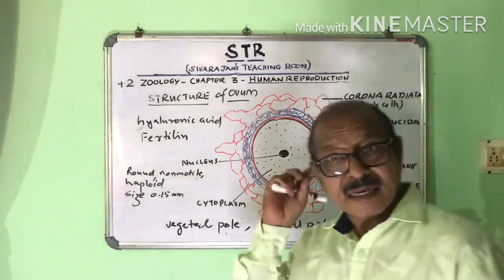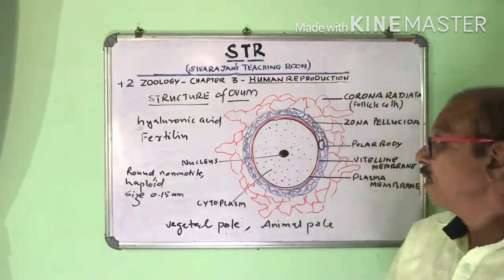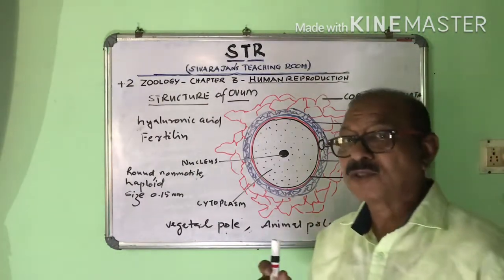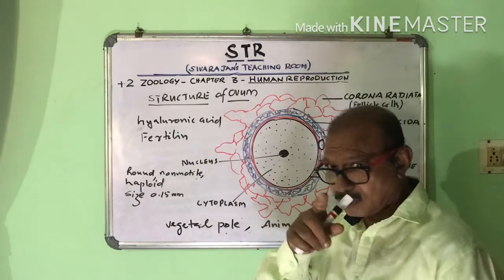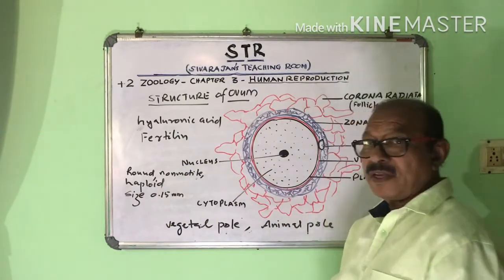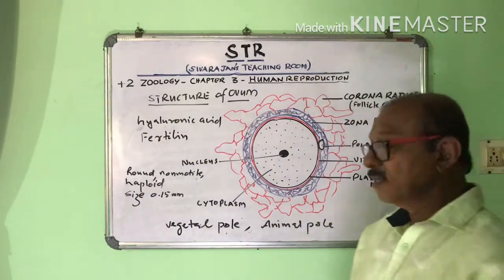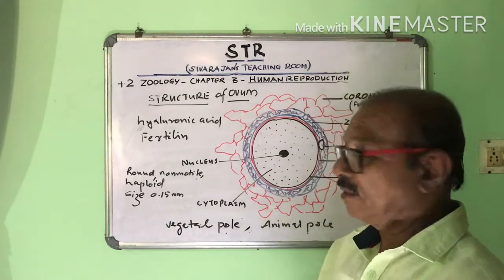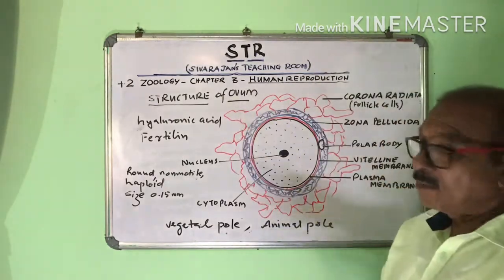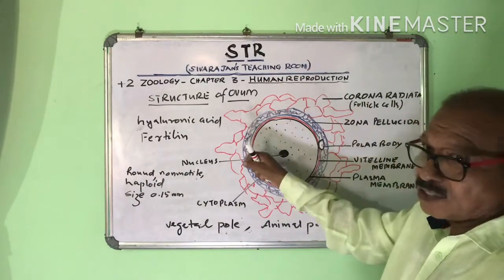Then how can the sperm get into it? We have studied the structure of the sperm, and the sperm head has a triangular cap-like structure called the acrosome. When we were discussing that, I had told you that the acrosome has an enzyme called antifertilin. So when the sperm head touches this, what happens?